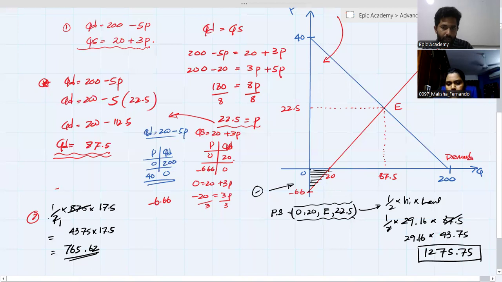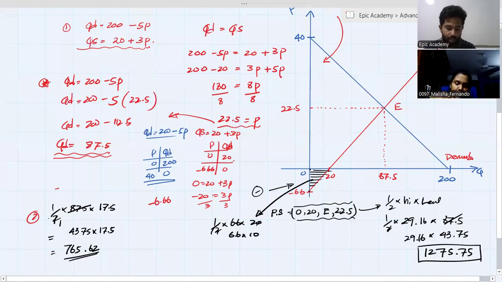Okay, but we have to ignore the value for this area. Half into height. Height must be 6.6. Okay, length must be 20. So 6.6 multiplied by 10. It is 66, isn't it? Yes. So this is 66.